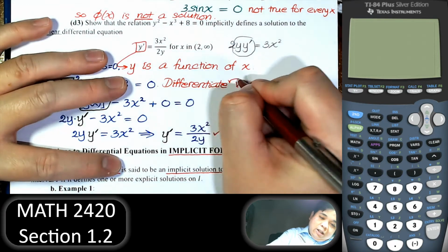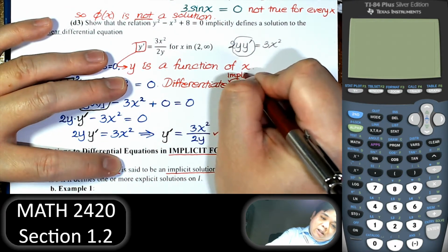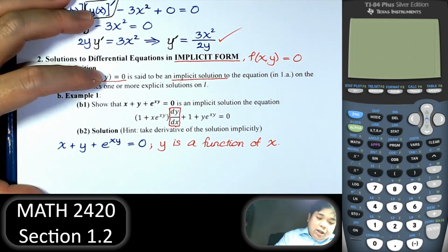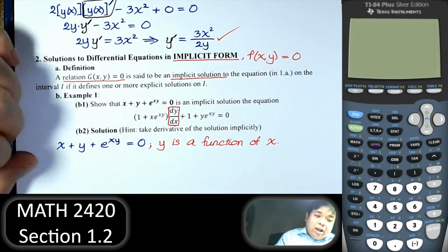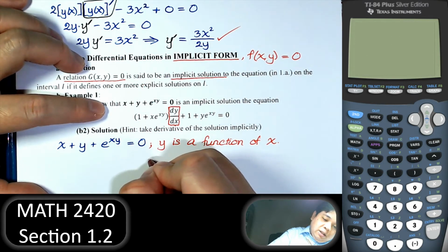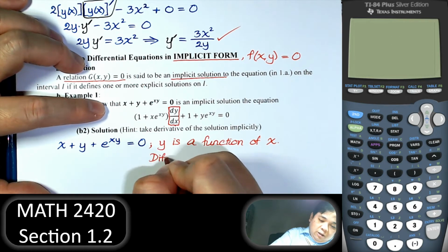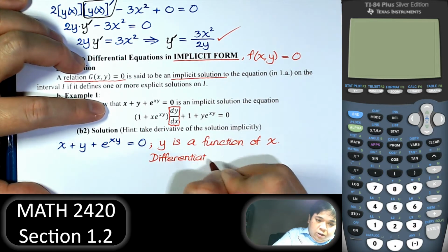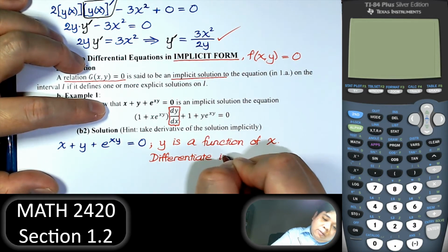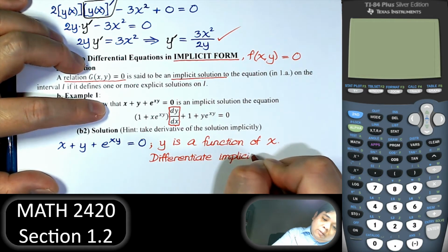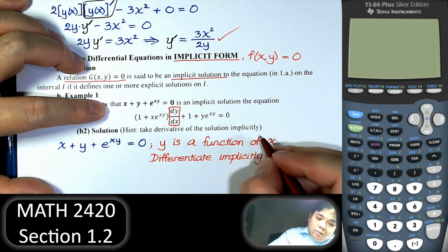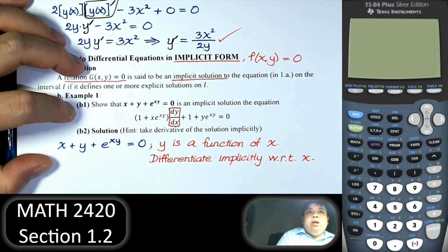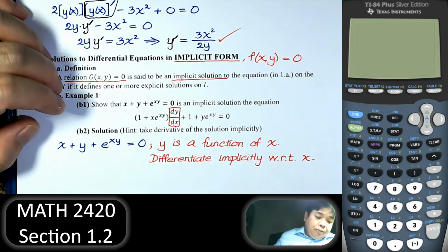We differentiate implicitly, with respect to the independent variable x.